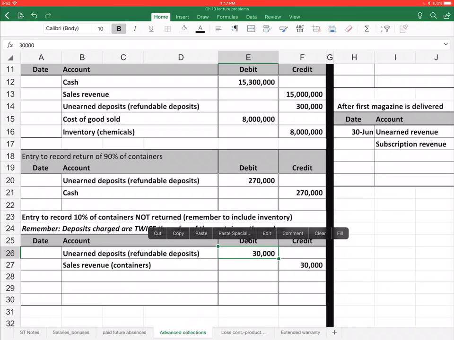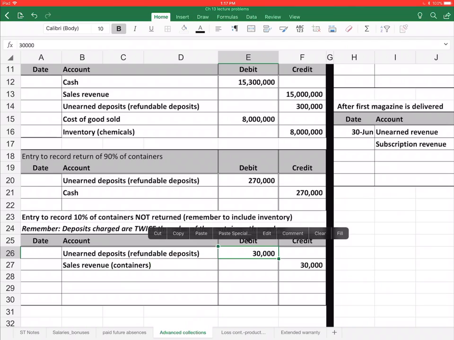So now we have to account for the fact that this has morphed into a sale of containers. Instead of looking at it as unearned deposits or refundable deposits, we're now looking at this as, well, you didn't return the container in time, therefore this is now accounted for as a sale of that container.